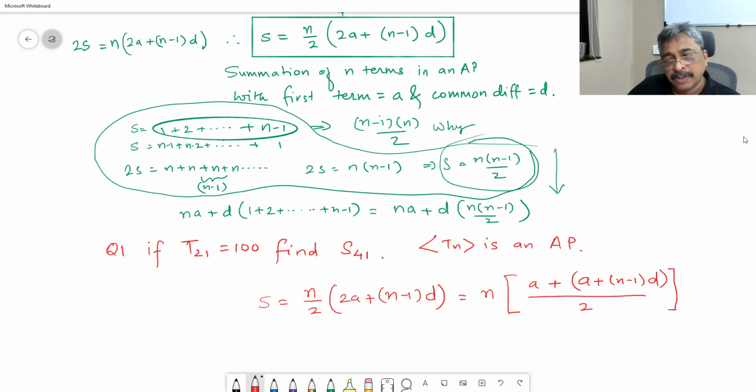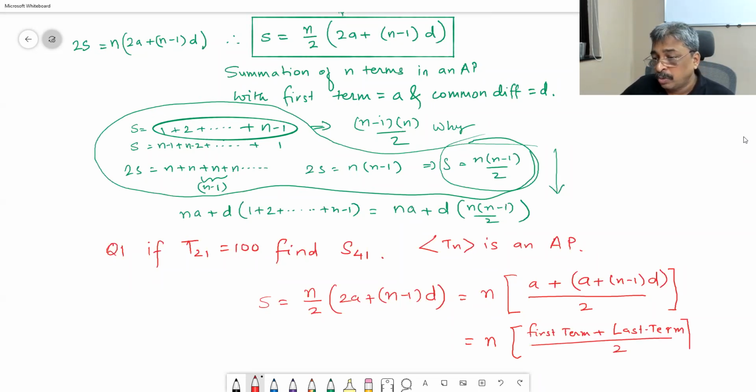I can write it because this is 2a plus (n minus 1) times d, 2 goes outside and the rest is the same. No difference. But then there is a difference. Inside the bracket is the first term plus last term, upon 2. Oh, very good.